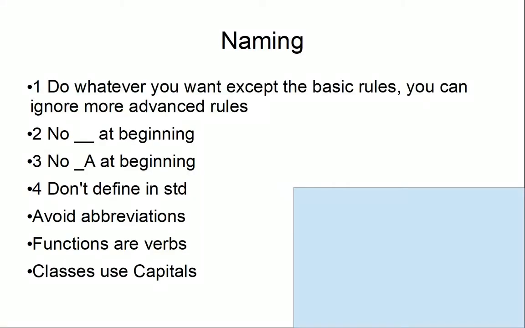Now, before we actually start to code, we'll need to ask ourselves how we will be naming things like classes, variables, and functions. I'll leave a link to a Google style guide if you want to look into this more, but here are the basics. No one cares what you do so long as you don't break any of the basic rules. Standard code that everybody uses abides by certain rules so that we don't make code that will conflict.